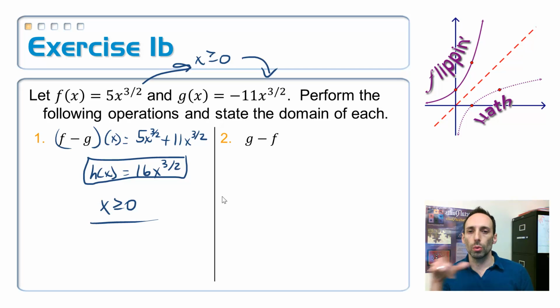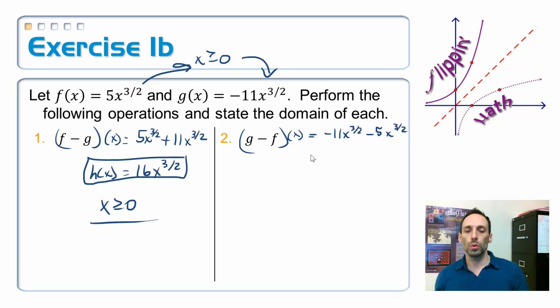Okay, so like on the previous one, look, I just switched the order on number 2. So does it matter if I switch the order on subtraction? So this time I have negative 11x to the 3/2 minus 5x to the 3/2. This time whenever I subtract them, I get negative 16x to the 3/2 for h of x.